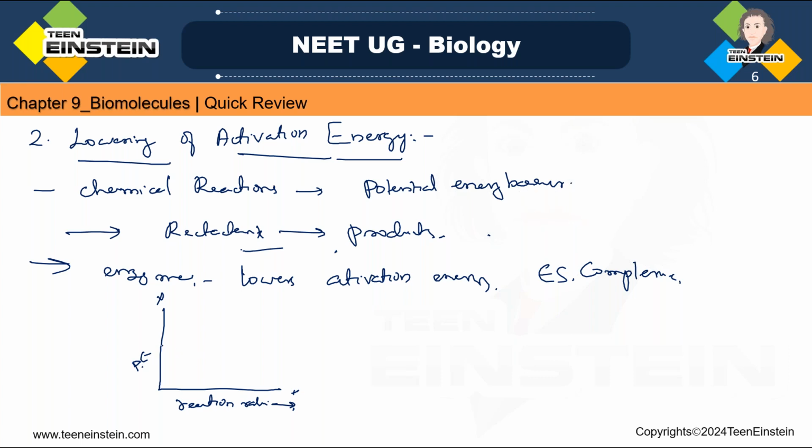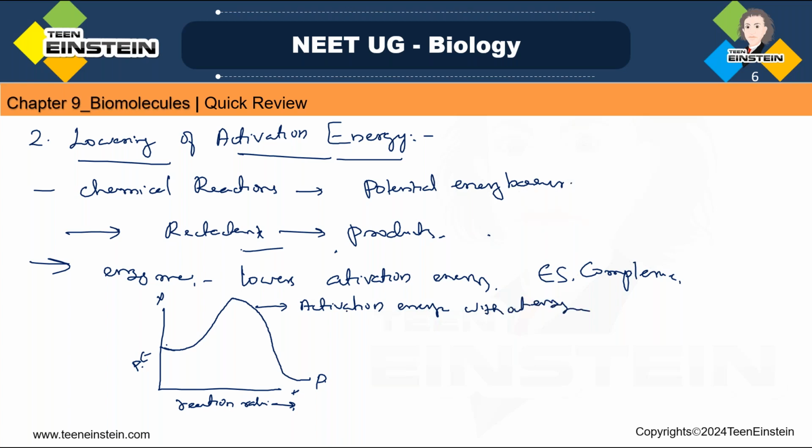Here the substrate goes through a transition state to a product, right? Then it is forming the product. This is the product formation. This is the activation energy without enzyme.